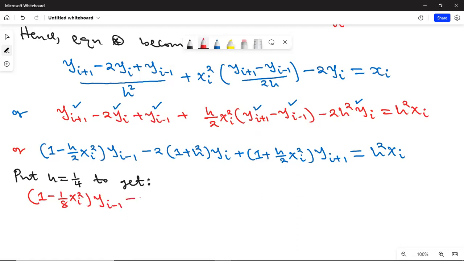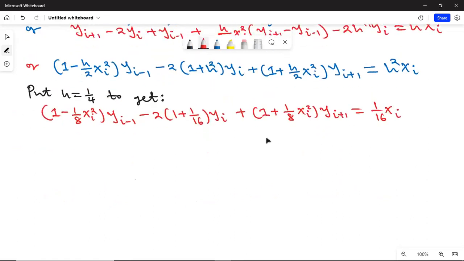Then here we'll have minus 2 into 1 plus h squared, which is now 1 over 16, yi, plus 1 plus 1 over 8 xi squared yi plus 1 is equal to 1 over 16 xi.